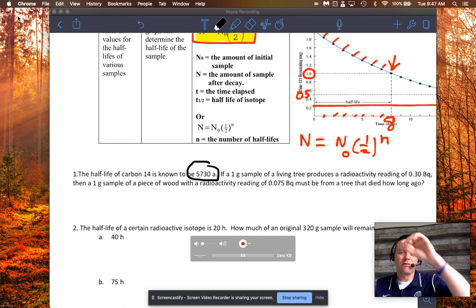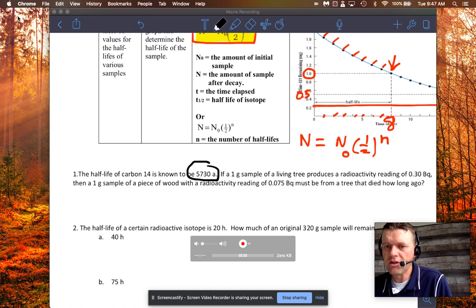And BQ stands for Becquerel. That's after Henri Becquerel, who actually determined that uranium salts were releasing something that was causing his photographic plates to be exposed.